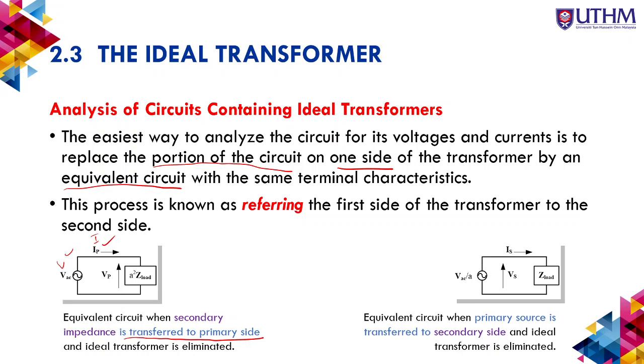The unknown parameter is the load impedance, the Z load. So we need to transfer to the primary side and then transfer back to the secondary side. Then we can get the value. From here we use the Thevenin equivalent of the transformer circuit. So later on we will use the Thevenin equation.